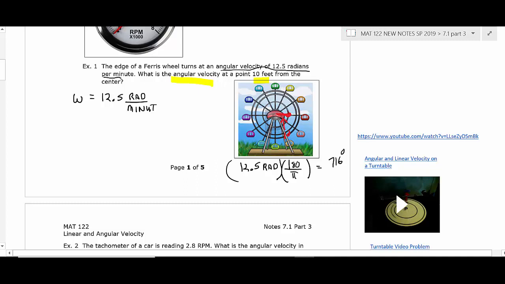Okay, the question is what is its angular velocity? Well, it's going to be turning at the same rate, so it's going to have the same answer. So that angular velocity at 10 feet is also going to be 12.5 radians per minute. Okay, that's just a concept I want you to catch on to.